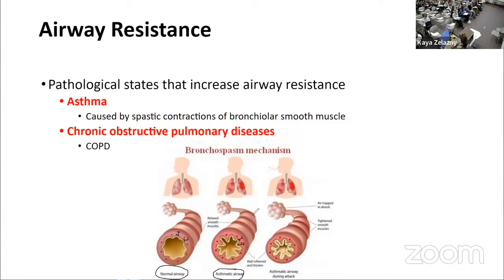But the thing that's actually happening during an asthma attack is that smooth muscle is tightening when it shouldn't be. Here we can see someone breathing some stuff in, and it's causing an asthma attack.